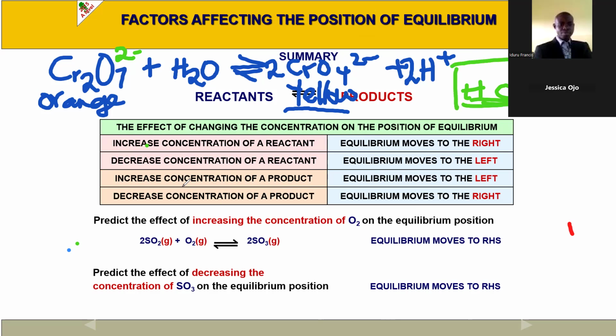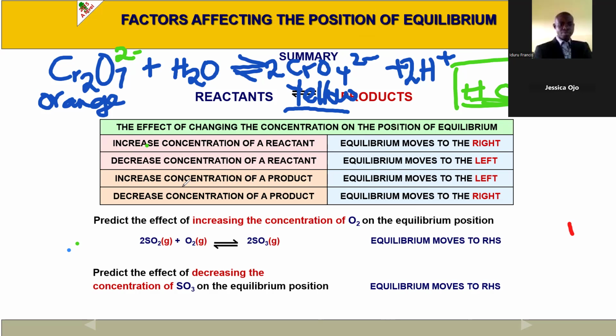Now give me a base. Just any base. Any base that is an alkali. Like KCl. Is that a base? No, that's not a base, sorry.